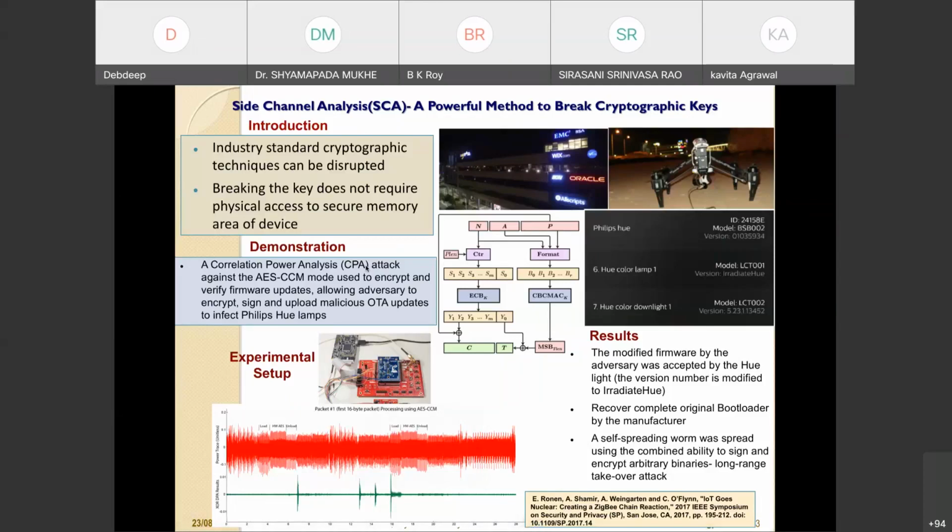The idea of these bulbs is that only you as a user should be able to control and command them, but the adversary, who is probably driving down the road, should not be able to.